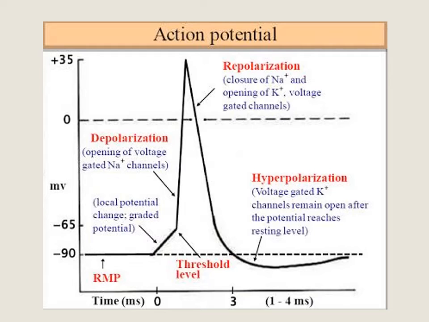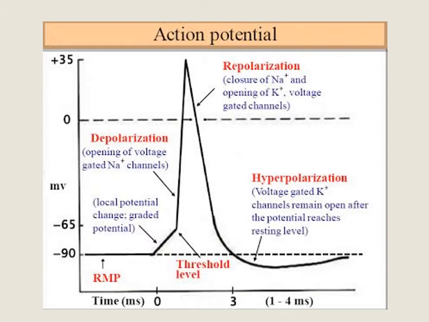Let's see. The membrane potential starts at approximately minus 90 millivolt at time 0. The stimulus is applied at time equal to 1 ms, which raises the membrane potential above minus 65.